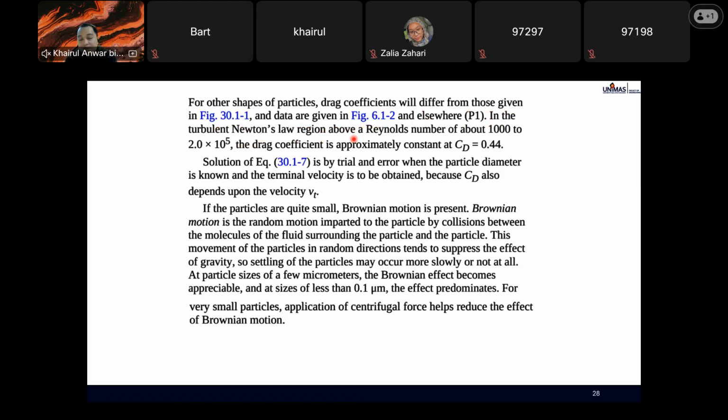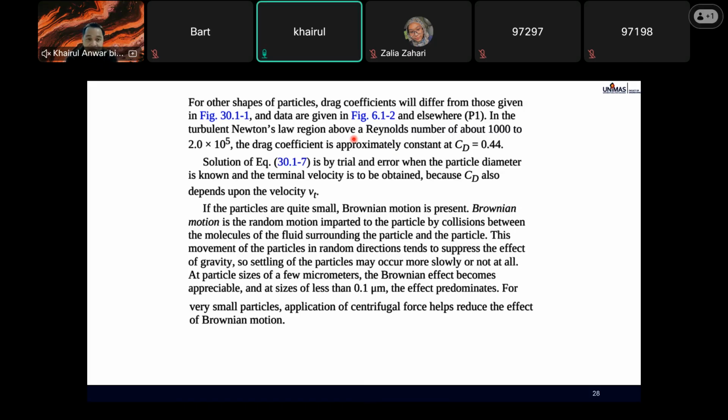So for the turbulent region, how do you know it is turbulent? The Reynolds number is big, much greater than 1. So automatically the CD is approximately equal to 0.44.